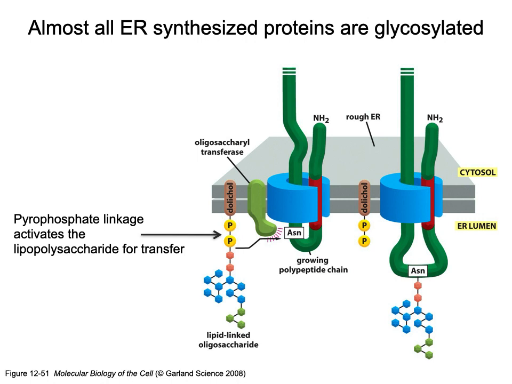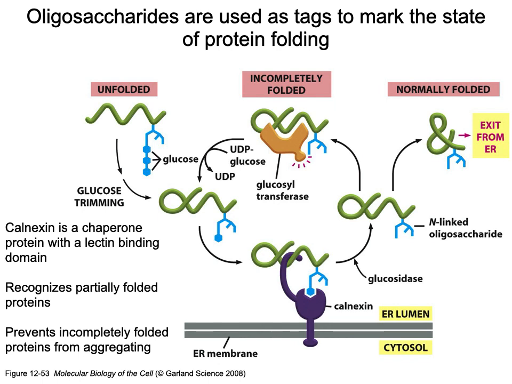Okay. So these oligosaccharides are also a way to mark the proteins to determine if they're folded correctly, right? So calnexin is a chaperone protein, and it has a lectin binding domain, and so it allows for these proteins to bind to calnexin, and calnexin is able to assist in the folding of the protein, so that it would be folded normally, right?